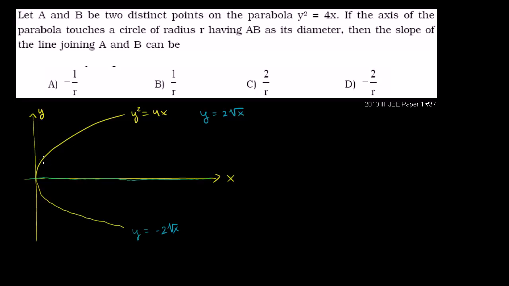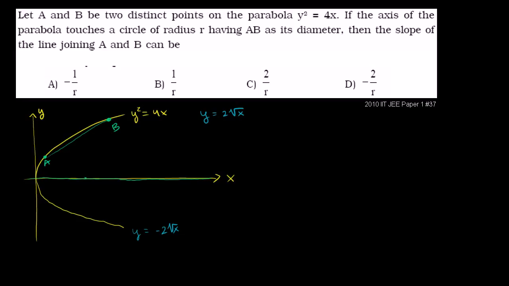So let's take 2 points on this parabola. Let's say that is point A, and let's say that this is point B. It is the diameter for some circle that just touches this axis. So it'll just touch on here. Let me see how well I can draw that circle.